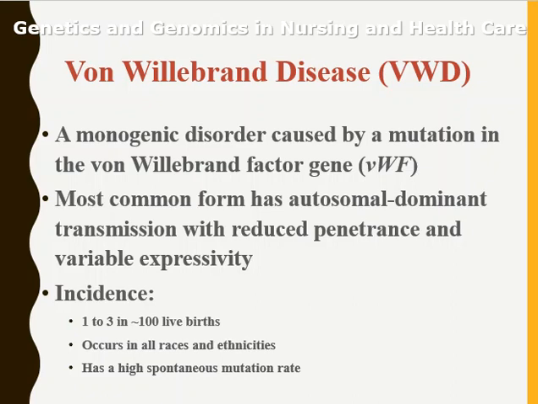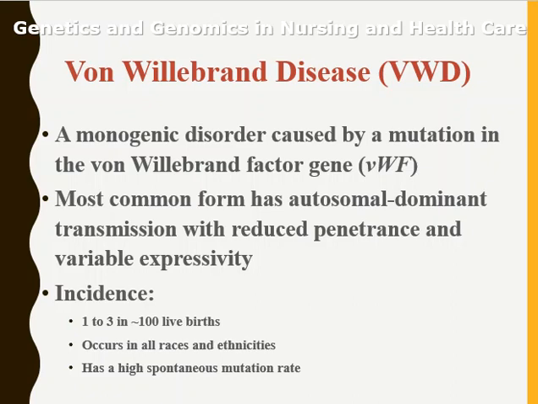The first 2 are autosomal dominant, and 80% are type 1. Type 3 is autosomal recessive, and that's the most severe form. These all occur in all races and ethnicities, and there is a high spontaneous mutation rate.